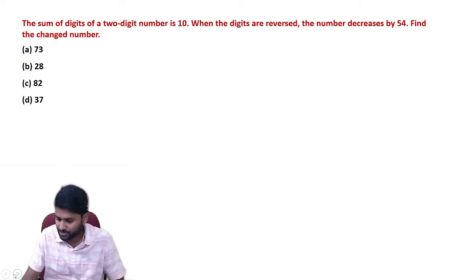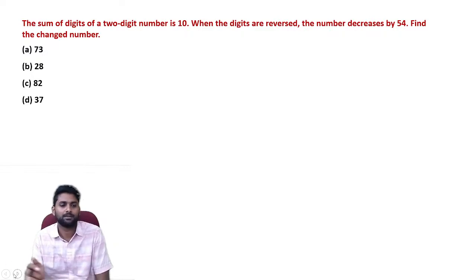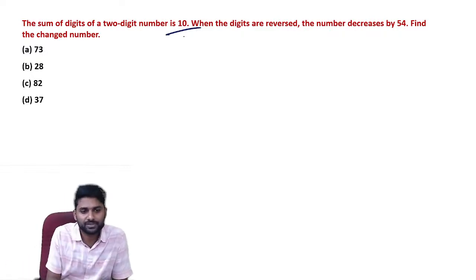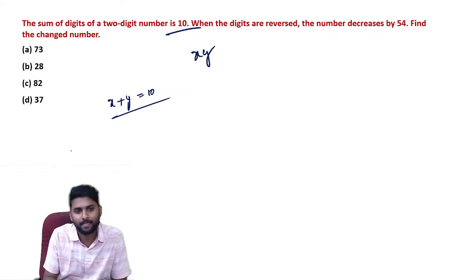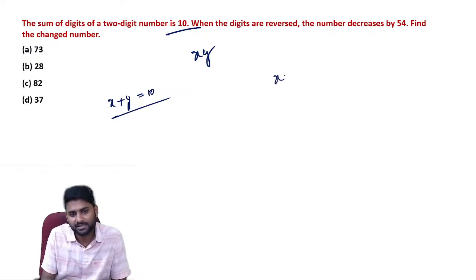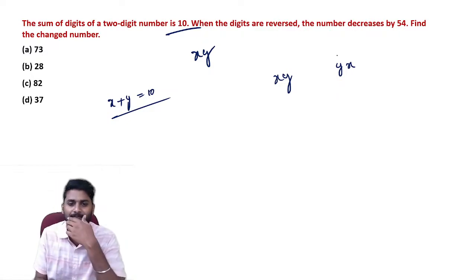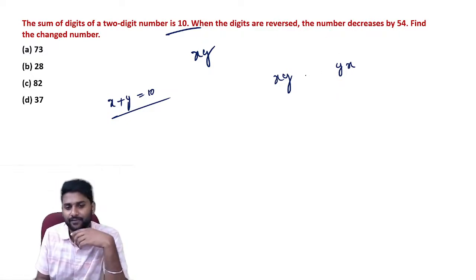Let's go through this question. The sum of the two digits of a two-digit number is 10. Let us take the two-digit number as xy. x plus y is 10. When the digits are reversed, if you reverse xy it is yx, and it decreases, and the difference is 54.